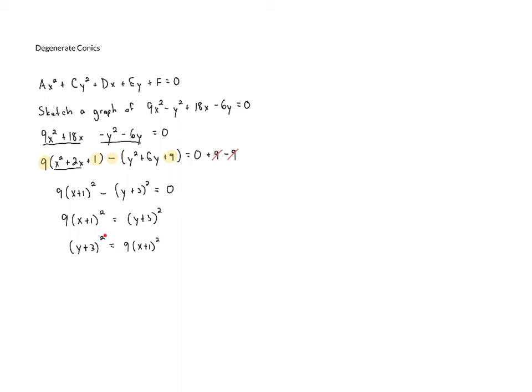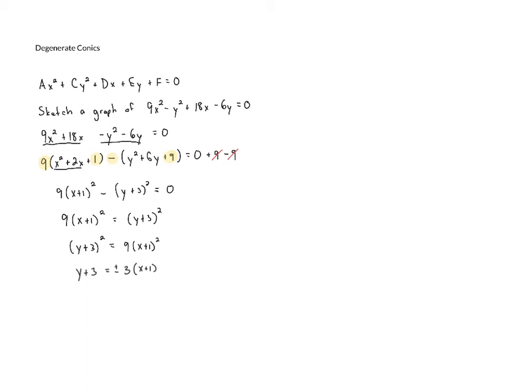To do that, we need to get rid of the squared, so we can use the square root property. When we take the square root of the left, we get y plus 3. On the right, the square root of 9 is 3, and the square root of x plus 1 squared is just x plus 1. But remember that when we take the square root of both sides of an equation, the square root property says we need a plus or minus. So I'm going to put the plus or minus there.